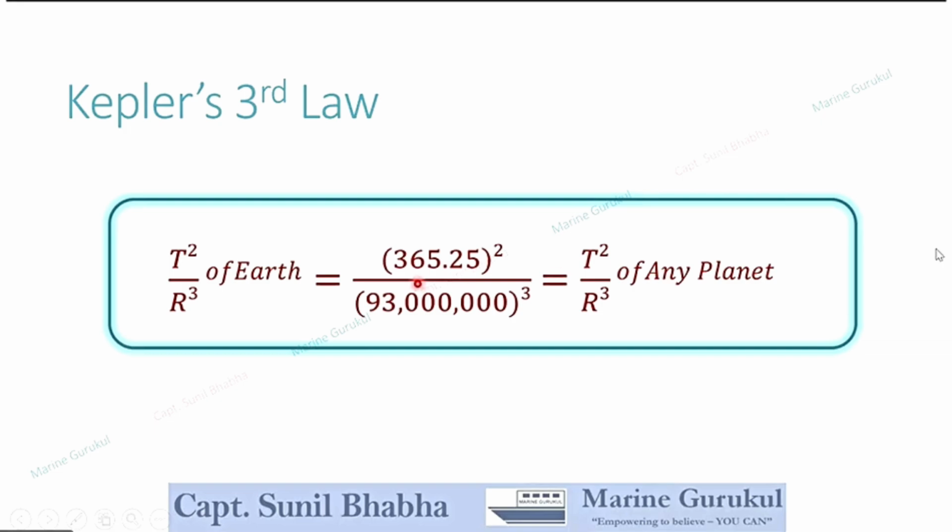Now for this, you need to be aware of these two values: the orbital time period of the Earth, 365.25 days, and the mean orbital radius of the Earth, 93 into 10 raised to power 6 miles. These figures are not given in the question.